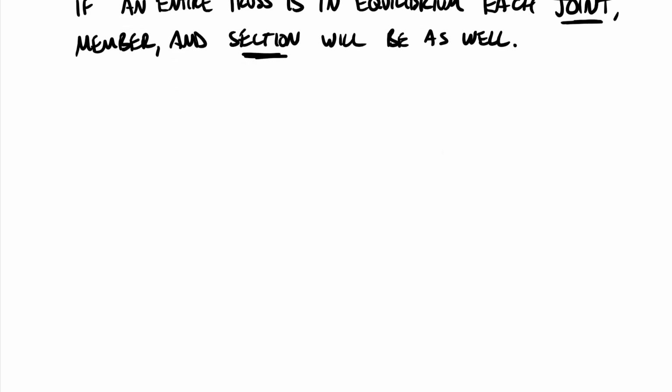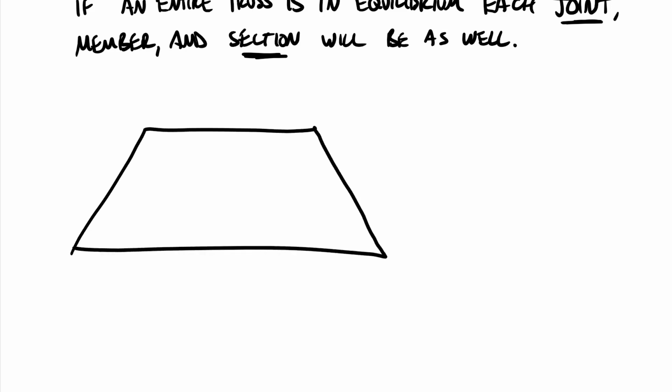All right, so if we look at a truss system, let's go with one made of 3 triangles. Let's go ahead and label the points in this truss. We'll call this point A, B, C, D, and E. There's no magic to how you name the points of a truss.